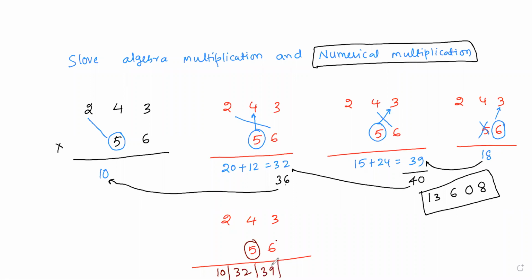Now my 5 has reached 3. It means it is eliminated and the new digit is selected. My new digit is always multiplied with the unit place digit of the multiplicand in the case of left to right. So that is 18. So the final answer will be 8, 0, 4 is carried forward, 36 and 3 carried forward, 13. So this is my final answer.